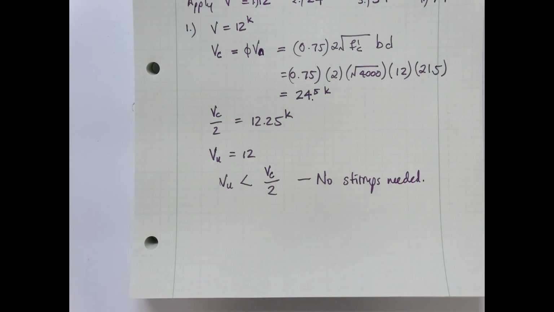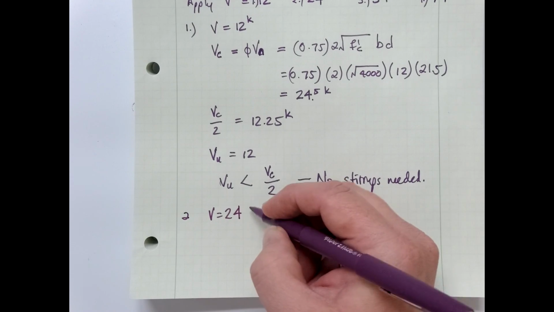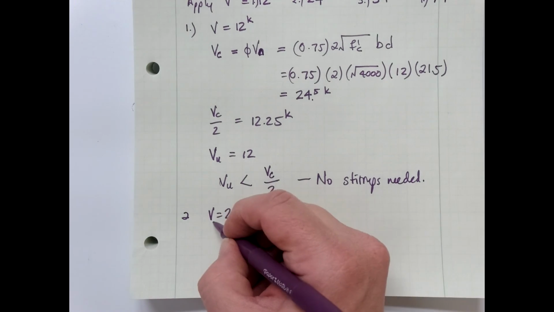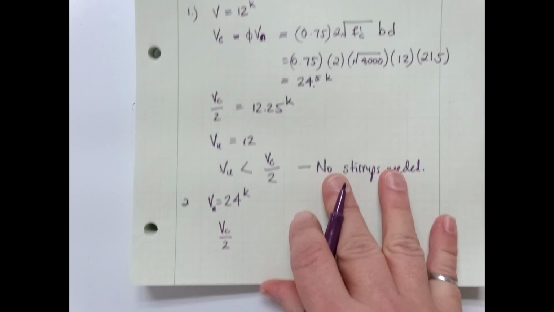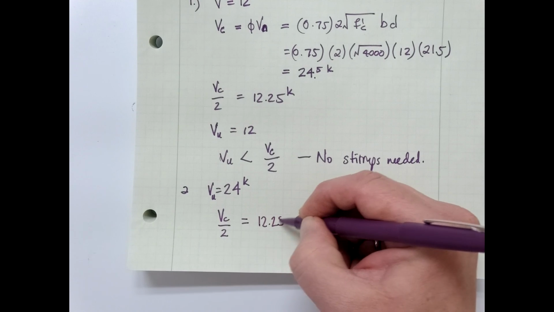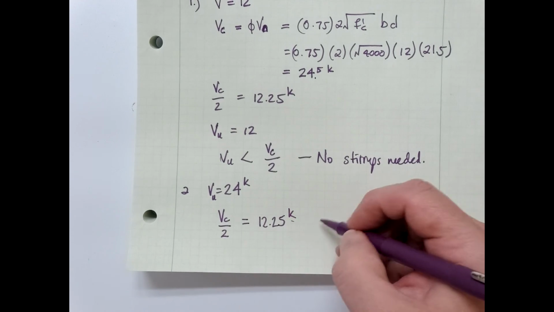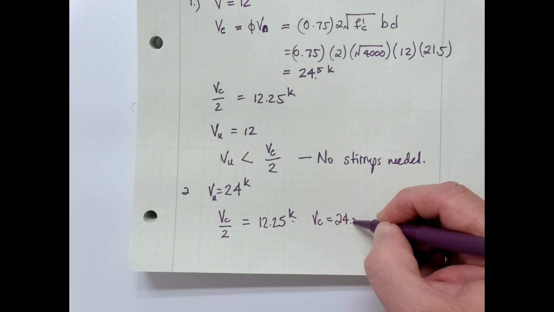Number 2. Now, the shear is equal to 24 kips. That's the demand, right? V sub C over 2 is still equal to 12.25 kips. V sub C is equal to 24.5.